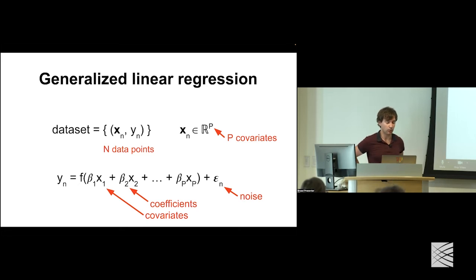If the response variable y is, let's say, logistic regression, then this f might be a logistic function, but in the simplest case, f is just the identity function, y is continuous, and we're just doing vanilla linear regression. But the point is that the setting of interest here is that of linear regression with capital P many covariates.